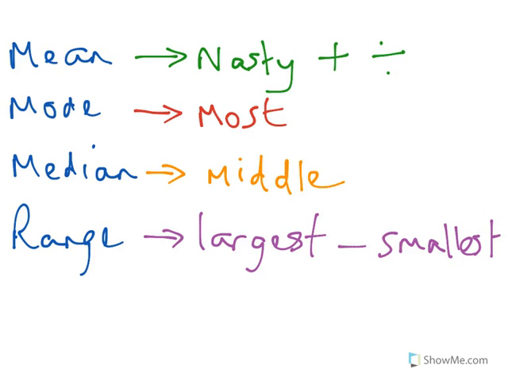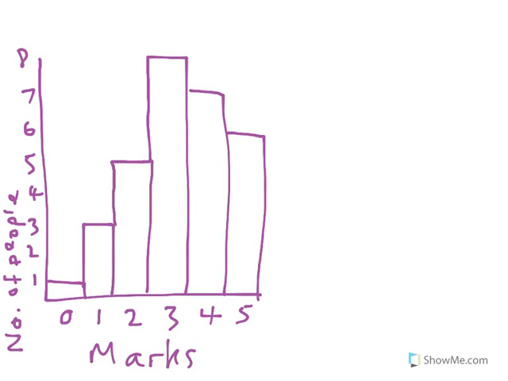Let's now have a look at a question that you might find in a common entrance paper. So this is a question about 30 people who took a test and their mark was out of 5.